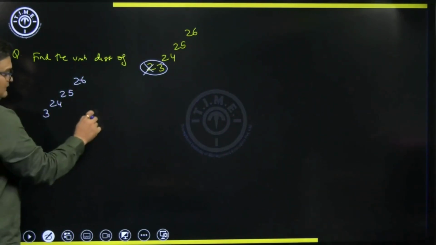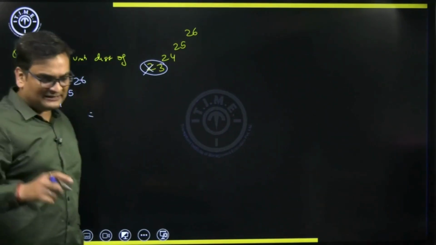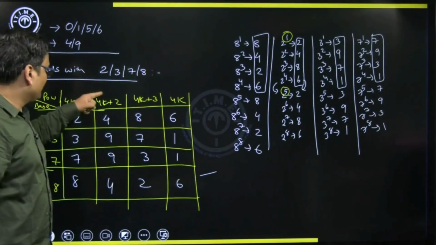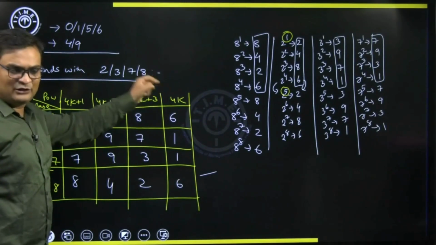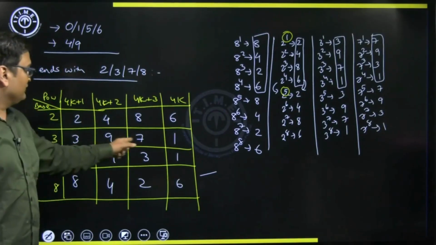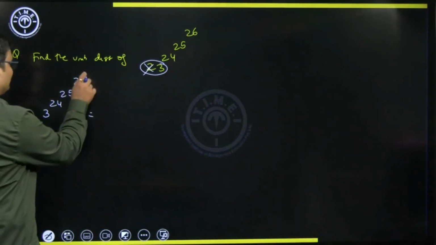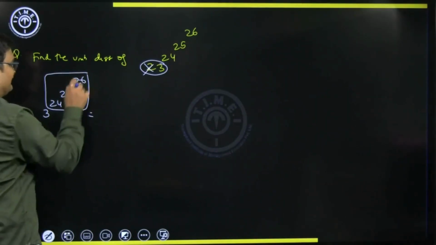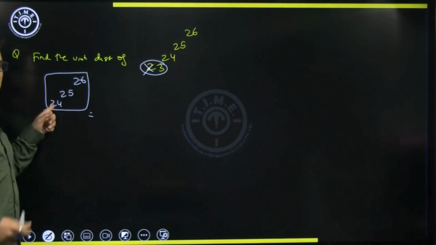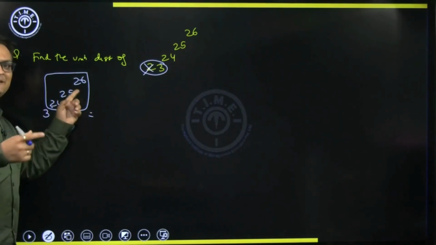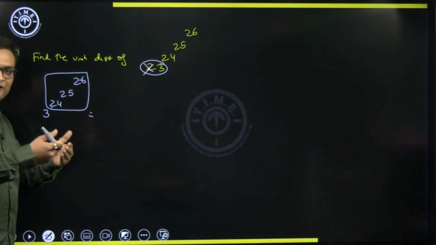Now in case of 3, the base as 3, my power should be of the form either 4k plus 1 or 4k plus 2 or 4k plus 3 or 4k, and accordingly my units digit will be decided. Here please note, what is the power? It's 24 to the power something. Now can I say 24 itself is a multiple of 4? So that means 24 to the power something will definitely be a multiple of 4.